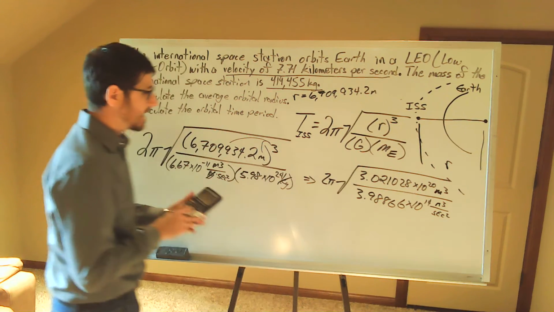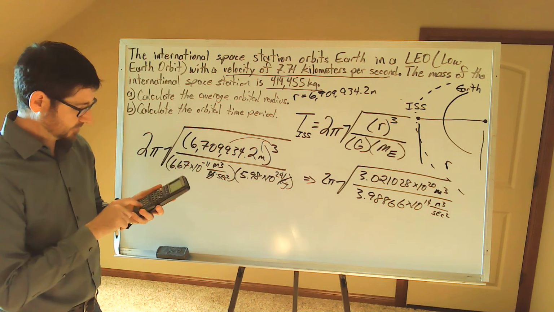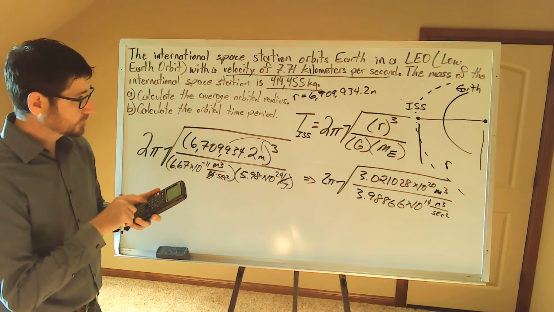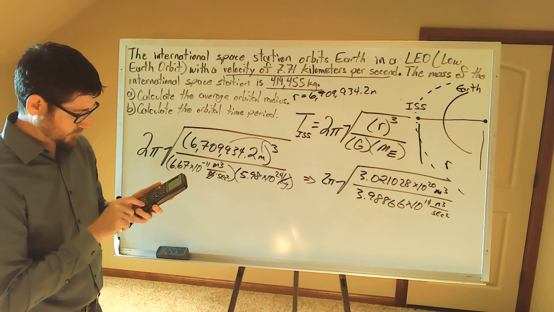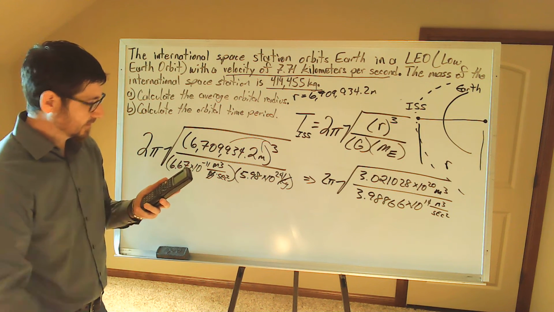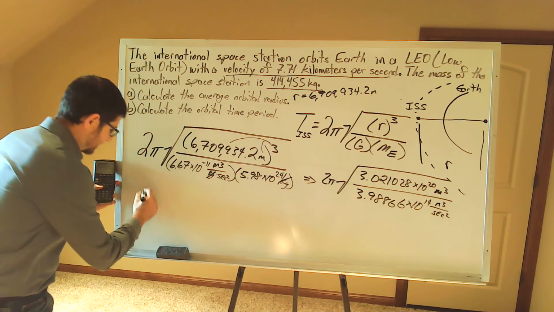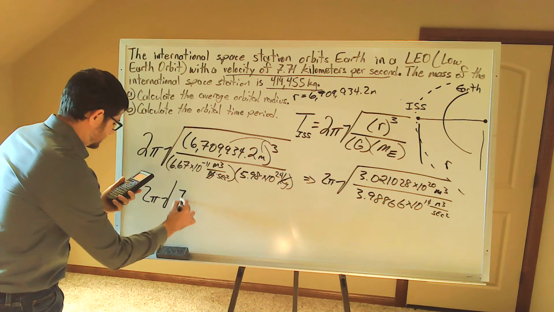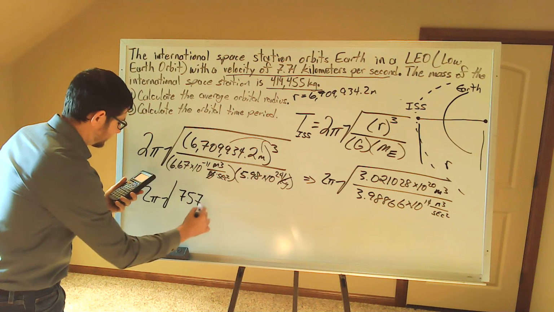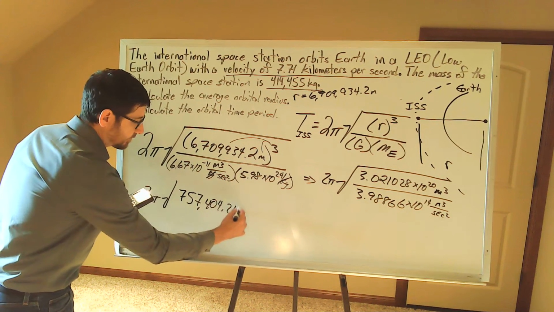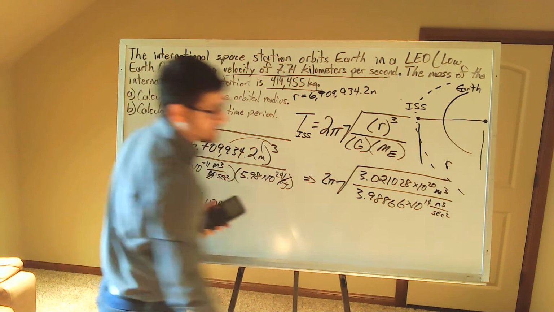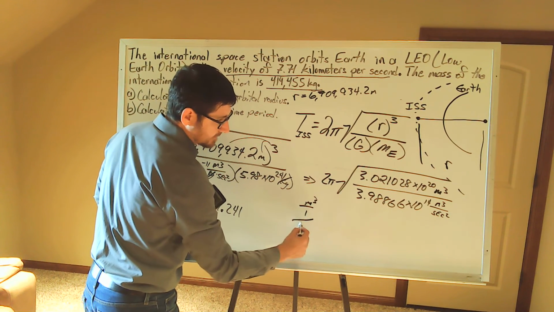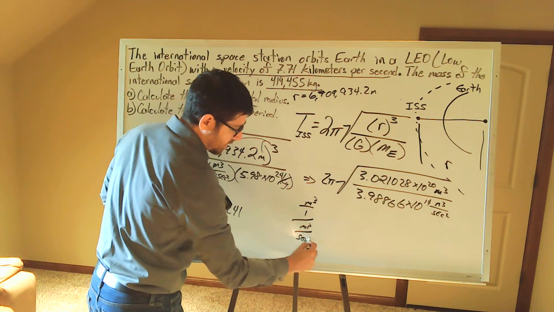Okay, now let's go ahead and resolve this. So let's go ahead and divide. And this gives me, so I have 2 pi outside the radical, then 757,404.241, and I have units of meters cubed over 1 divided by meters cubed per second squared.